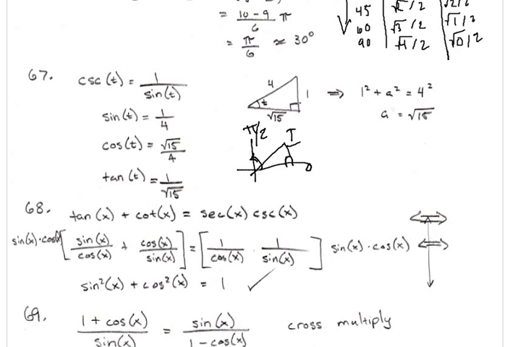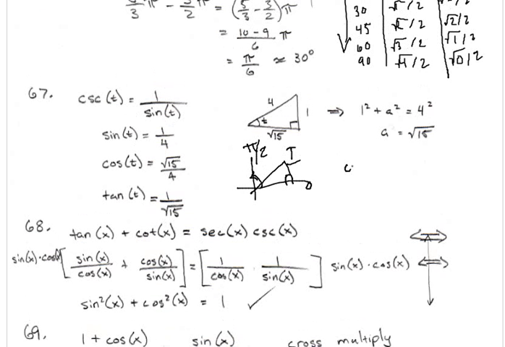Also, cosecant of t would then be equal to the hypotenuse over the opposite, right? Because sine is equal to the opposite over the hypotenuse. So that means that I could write this as 4 over 1, right?